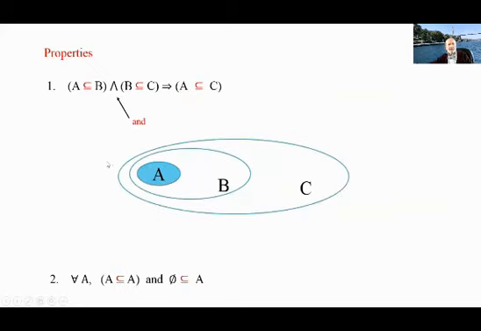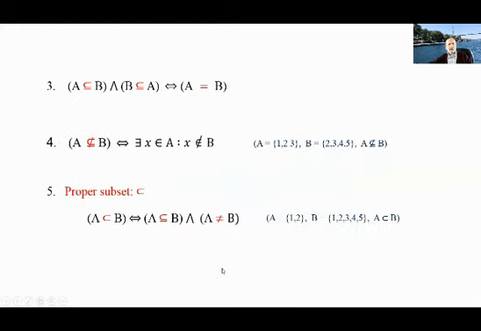Here are some properties. If A is included in B, and B is included in C, then A will be included in C. Now, also, for any set A, A is included in itself, and the empty set is included in A. Here are some other properties.